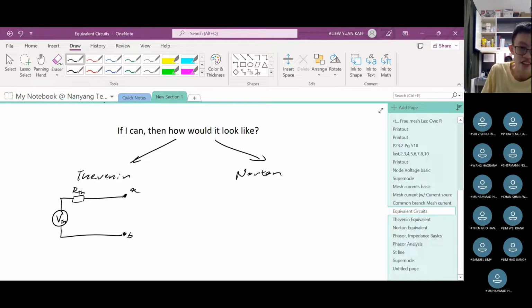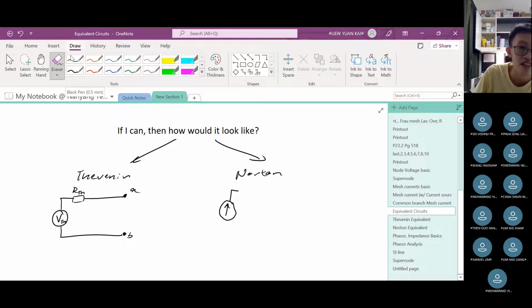Next, the Norton equivalent. So the Norton equivalent is this. If I simplify the circuit and I imagine it to be driven by a current source, what would it look like? It would look like this.